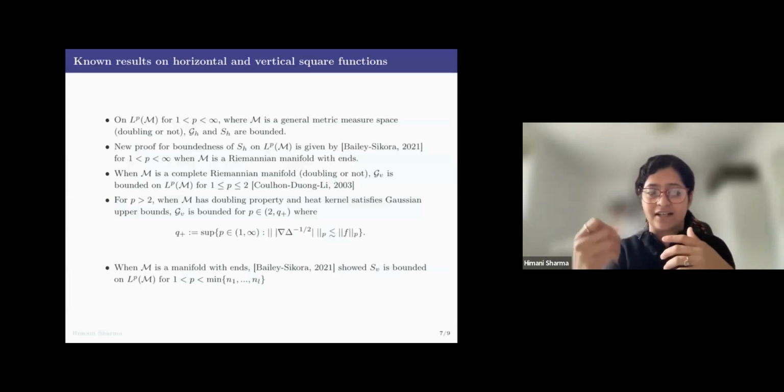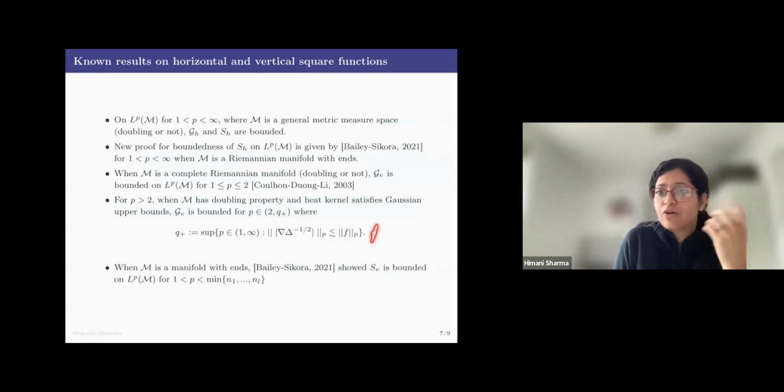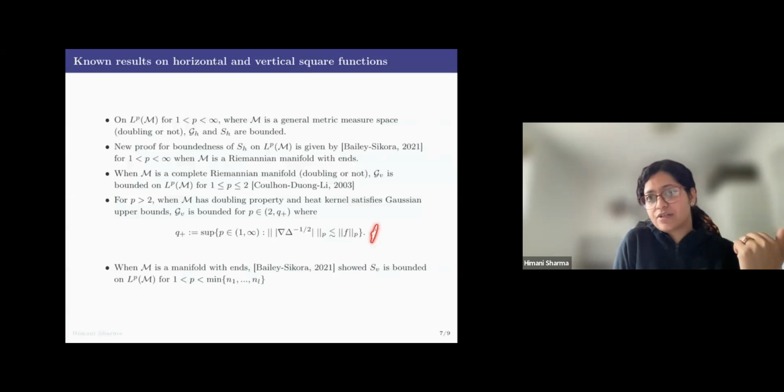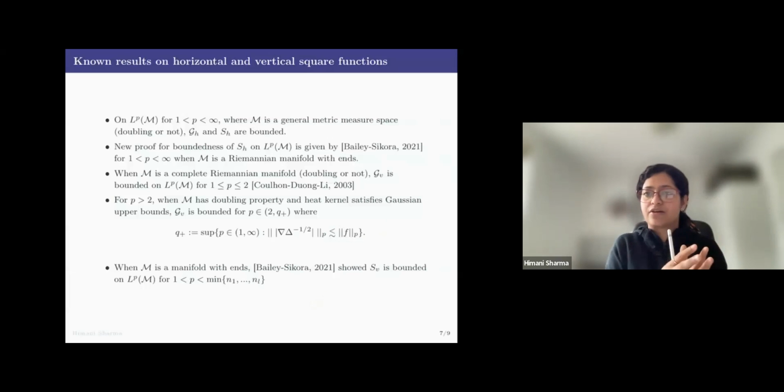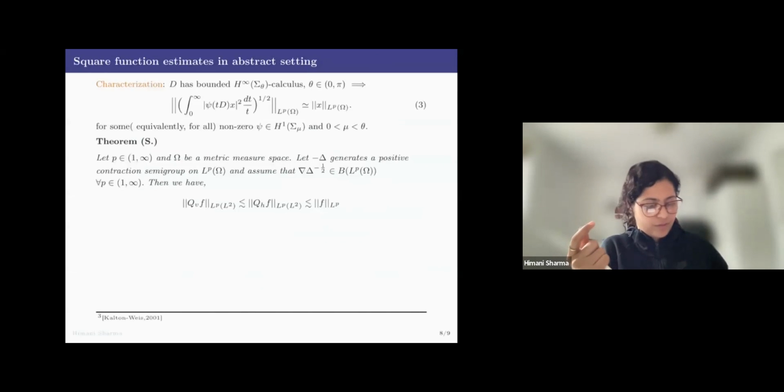This is taken from the previous fact, as we need the boundedness of the Riesz transform to get the boundedness of the vertical square function. So this is what they proved by using a result by Hassell and Sikora, which was the boundedness of the Riesz transform.